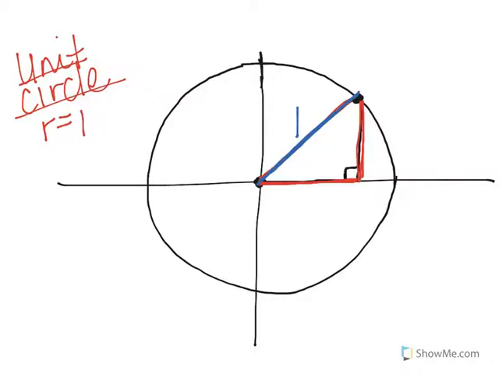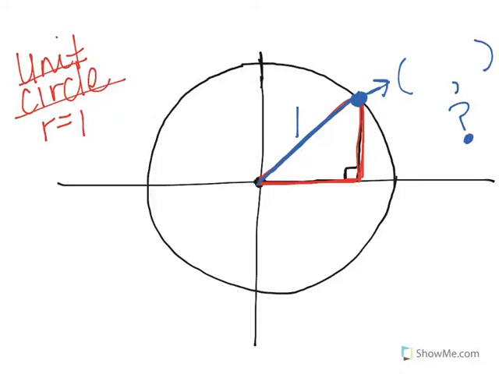Now, I didn't tell you what the coordinates of this point right here are, right? I didn't tell you that. If I did tell you that, we actually could figure out the lengths of the horizontal and vertical sides.